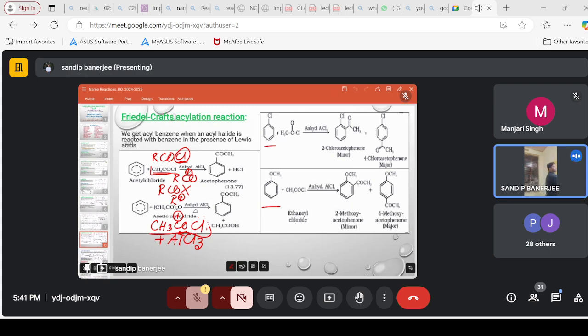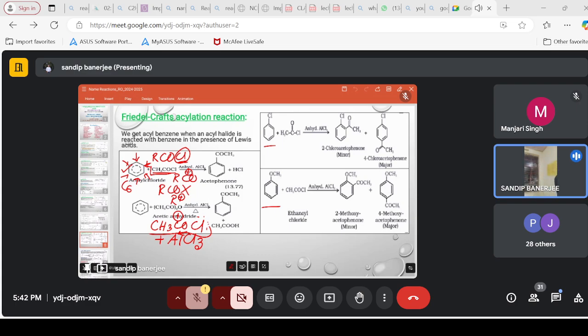So you will get a single product for the benzene system because all the 6 carbons are symmetrical. As you know, as your teacher also explained, C6 type of symmetry is present in this system, and all the carbons are called equivalent. So you will get one single product.